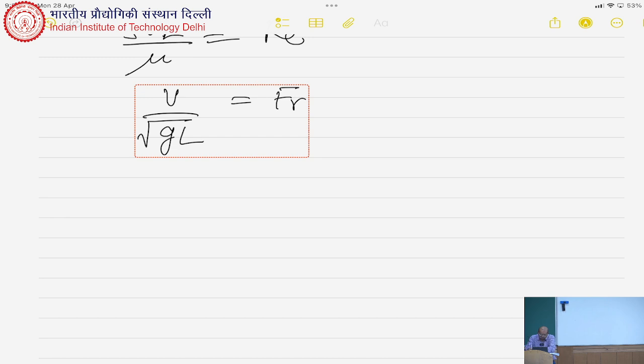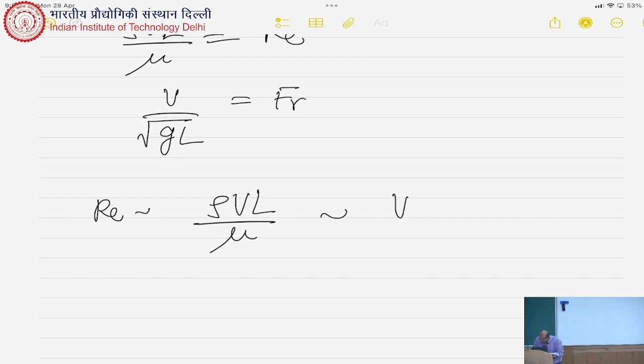So this will not be straightforward. You can always think about this. Now, you can always think of Reynolds number. We wrote it as rho VL upon mu. You can also write it as VL upon nu, where nu is equal to mu upon rho. So sometimes things are given in terms of nu.